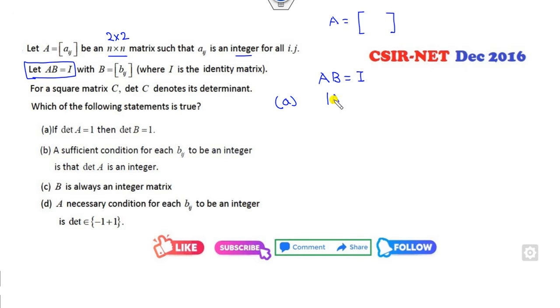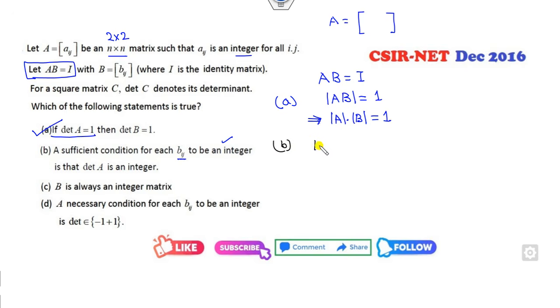Then determinant of this is my 1. I can write this is determinant of A into determinant of B. Determinant of this is 1. Now if determinant of A is my 1, then definitely determinant of B is also 1. The sufficient condition that the matrix B is also integer is determinant of A is my integer.